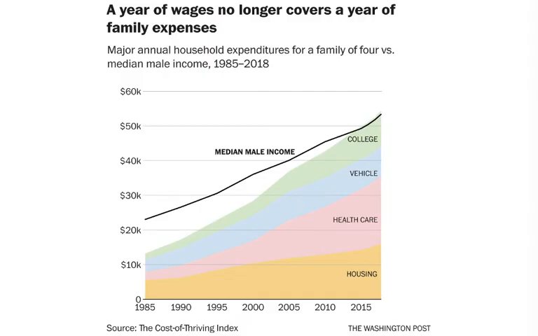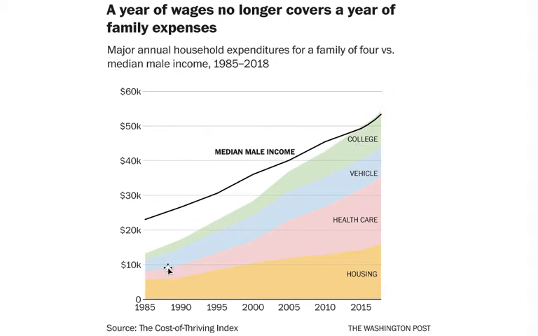If we're looking at wages going up compared to the price of things going up, here's a graph from 1985 to 2018 for these four particular things. This black line is the median income for males. And this is talking about the price of housing, healthcare, a vehicle, that's like a car or a truck, and college.